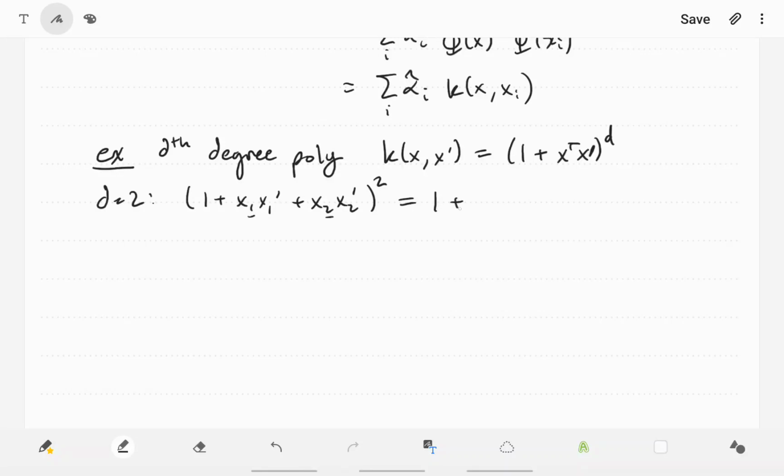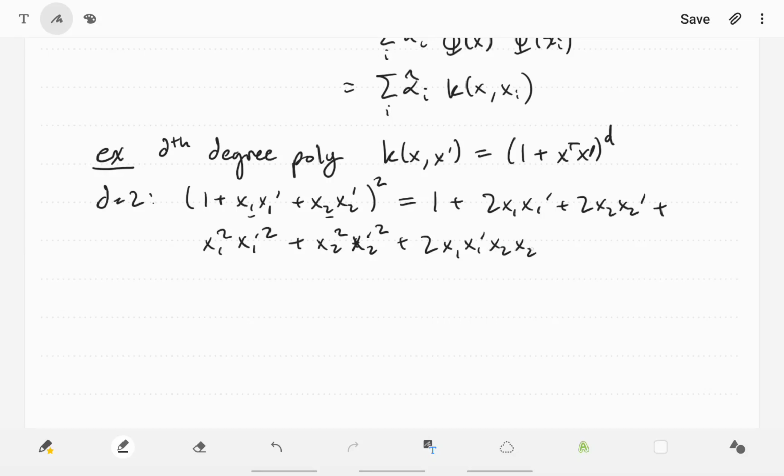This is equal to 1 plus 2 times x1 times x1 prime plus 2 times x2 times x2 prime plus a bunch of other terms: x1 squared times x1 prime squared plus x2 squared times x2 prime squared plus 2 x1 x1 prime x2 x2 prime. So we have all of these terms.